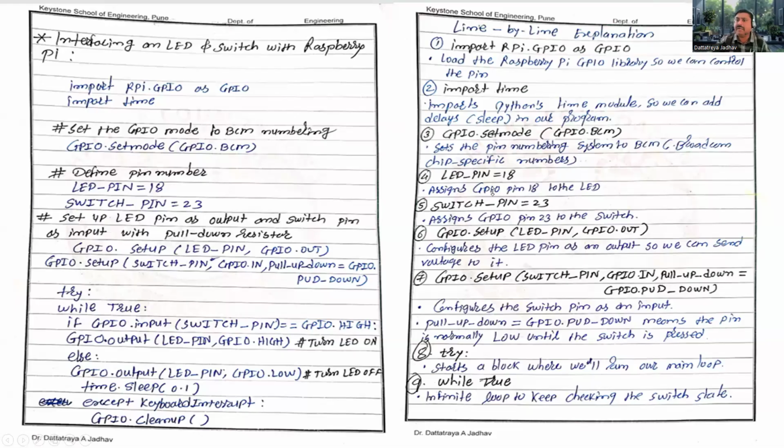Then we give the numbers to the LED and switch. That is okay, but the very important statement is GPIO.setup(switch pin, GPIO.IN, pull_up_down=GPIO.PUD_DOWN). It configures the switch pin as an input, and pull_up_down equal to GPIO.PUD_DOWN means the pin is normally low until the switch is pressed. Switch pressed means we apply voltage.